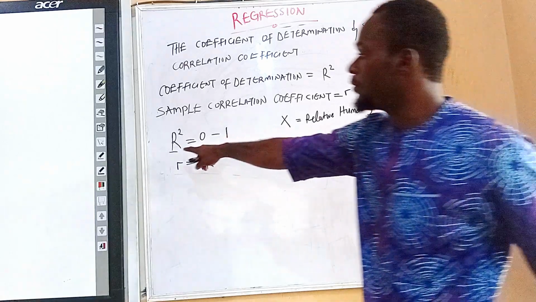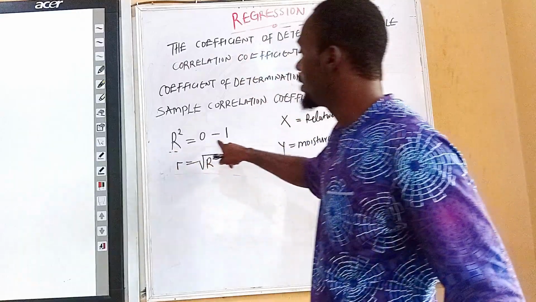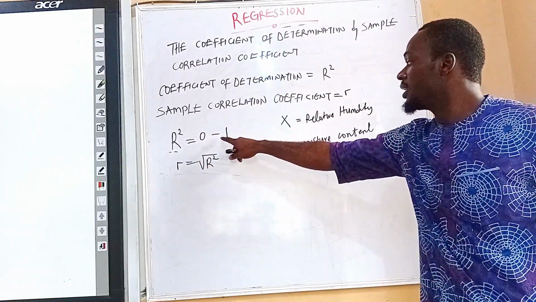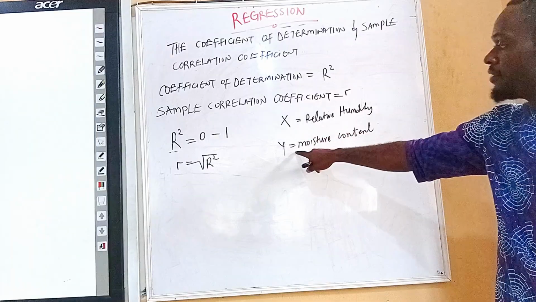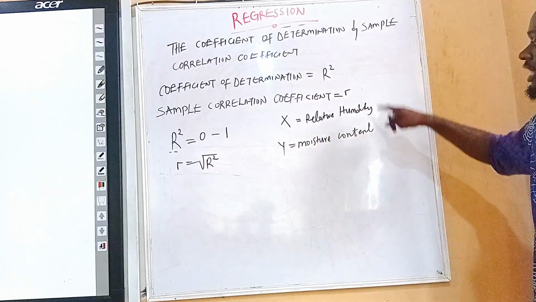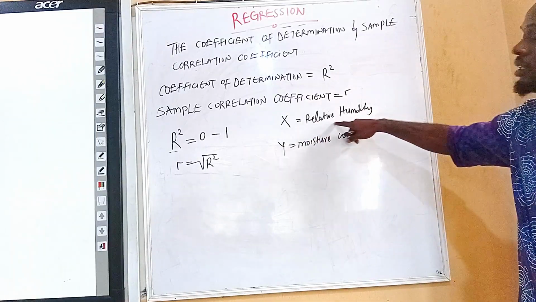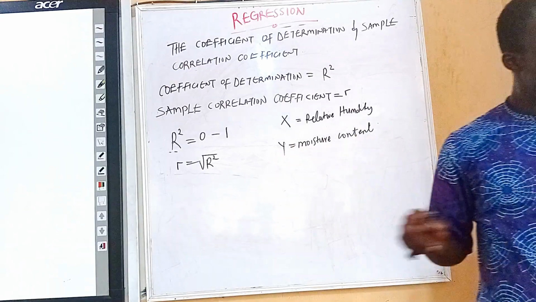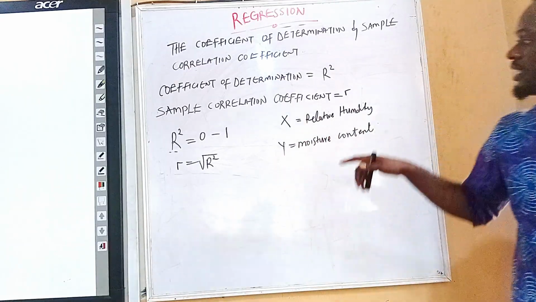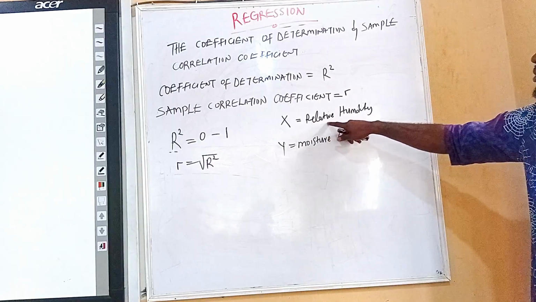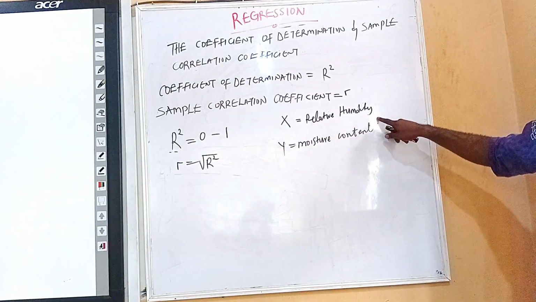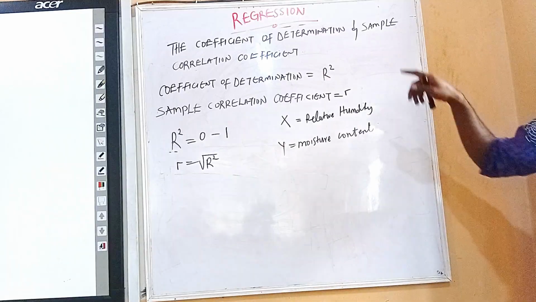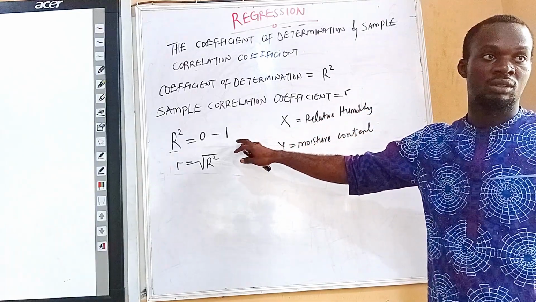If you solve for r squared and get an answer close to 1, it means the different values of moisture content are because of the different values of relative humidity. But if it's near 0, it means the different values of relative humidity have little effect on the moisture content.